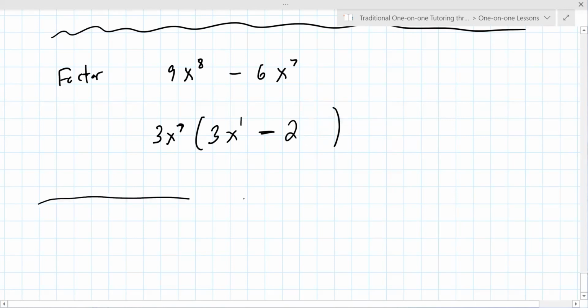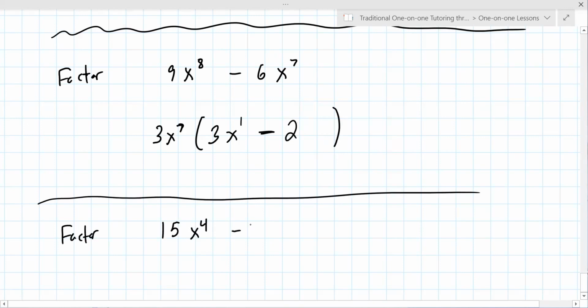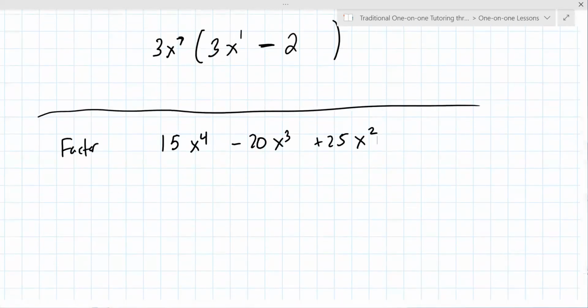Okay, let's try another one here. Factor 15x to the 4th minus 20x cubed plus 25x squared. So 5x squared.